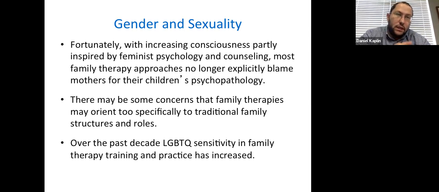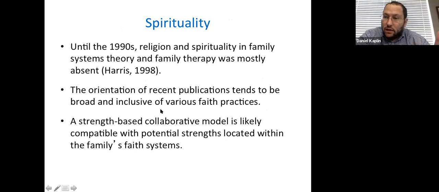We also notice, remember how we're talking about the mother, the father, the children, that there was a spotlight on the more traditional family units and family structures and roles. However, that is changing. Starting in the late 90s, early 2000s, there's more of a focus on LGBTQ sensitivity in the family unit. Now, that is pretty much our lecture.